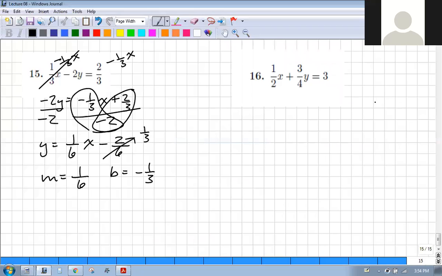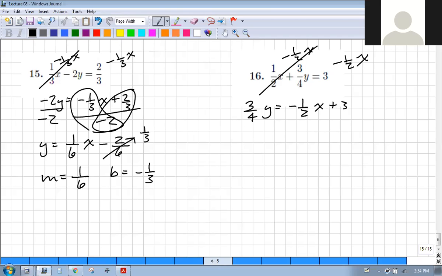All right, to get y, let's subtract half an x from both sides. We got a 3/4 y equals negative half an x plus 3. Now let's multiply both sides by 4/3. We have y equals a half times 4/3. That's 4/6.